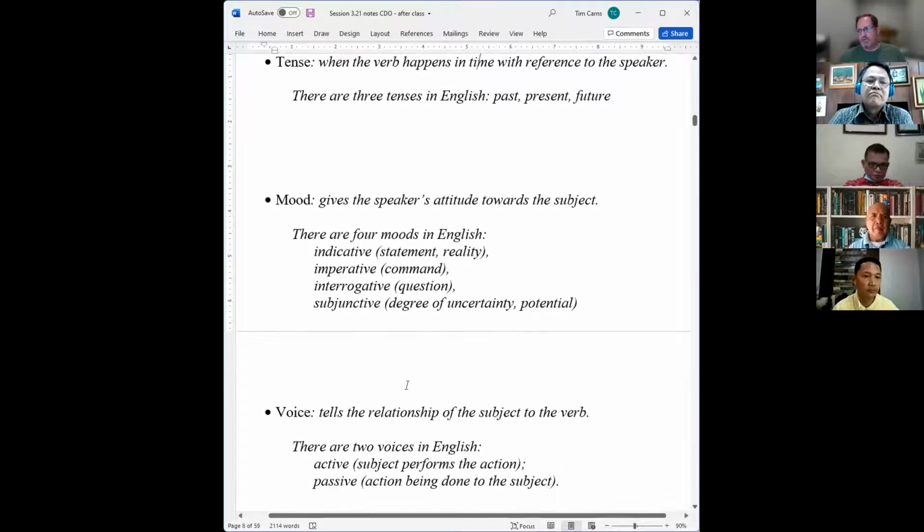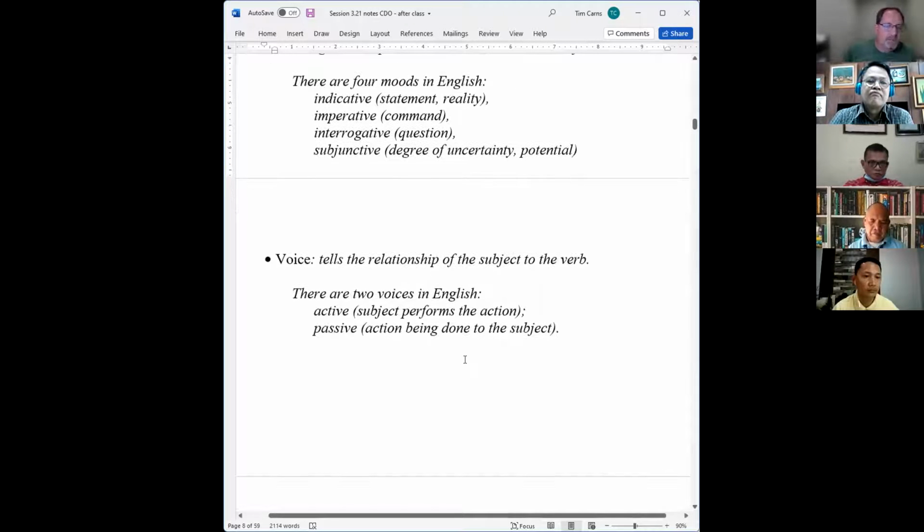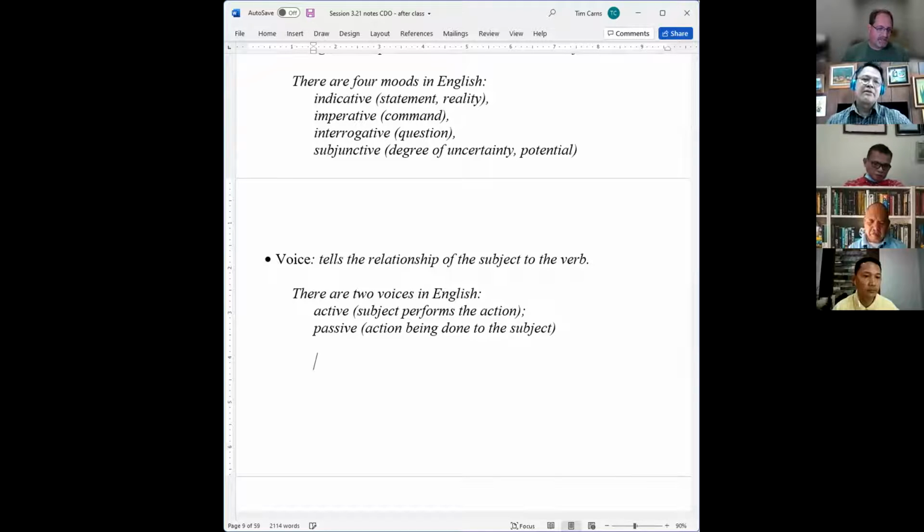And then finally, there's voice. Voice tells the relationship of the subject to the verb. And again, in English, there are two voices: the active voice, that's the subject doing the action, and then the passive voice, that is the action being done to the subject. And then as we discussed in Greek, there's what's called a middle voice. It's similar to active in that the subject performs the action.